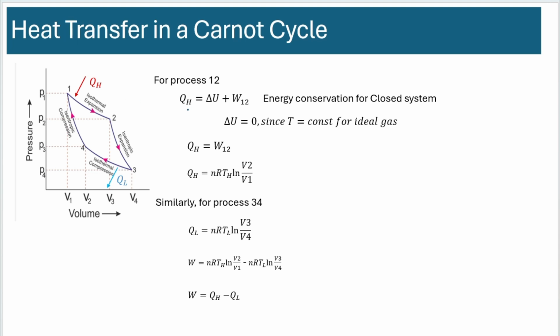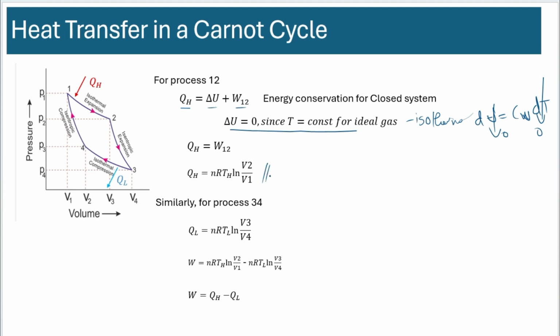So QH equals delta U plus W12. Delta U is 0 since it's isothermal, because dU for isothermal is Cv dT, and dT is 0, so dU is 0. So QH is W12.